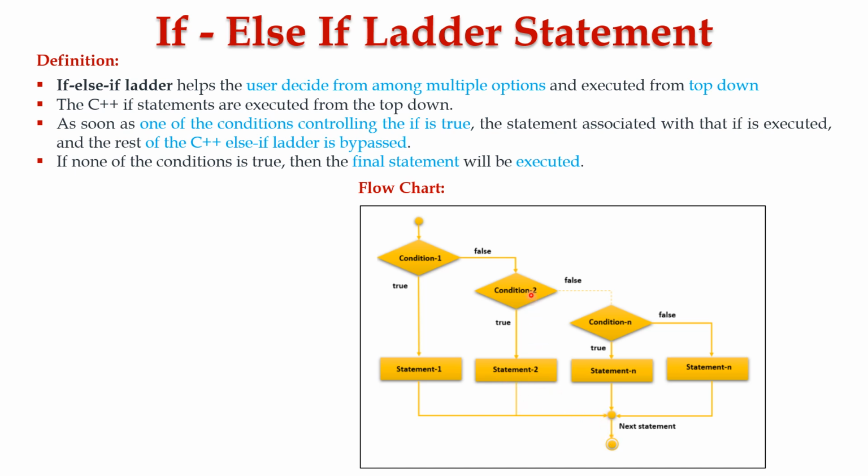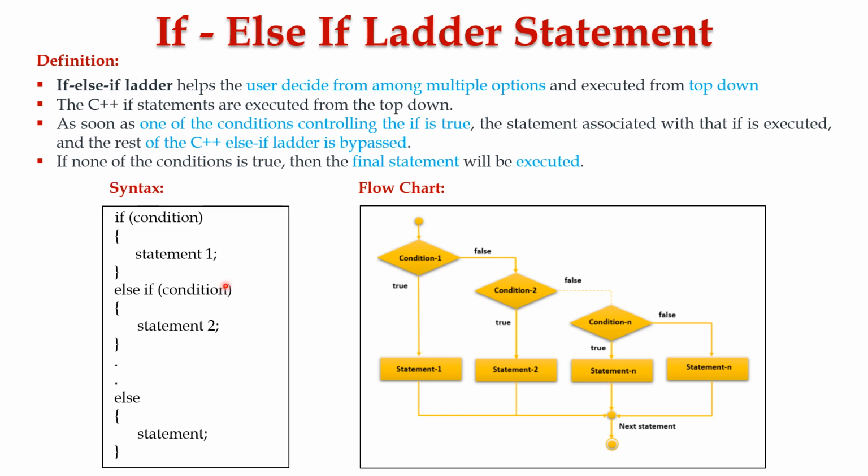If condition 2 is false, it moves to condition n, and if condition n is true, it executes statement n and moves to the next statement of the code. If all the conditions are false, finally the last statement is executed and it moves to the next statement of the code. So this is how if-else-if ladder statement execution takes place.